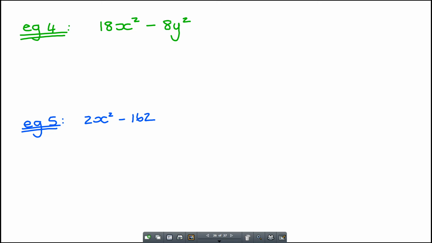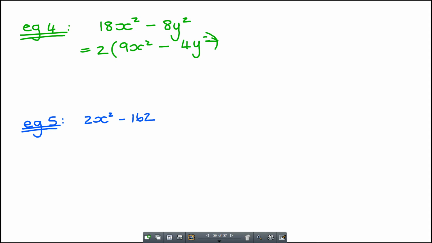So the problem is my numbers. Look at the numbers, 18 and 8. I can take out a common factor. If I take out 2 as a common factor, it would be 9x squared minus 4y squared.